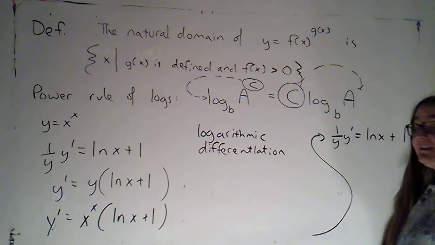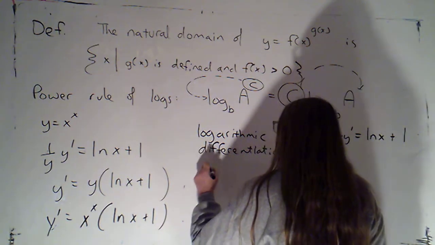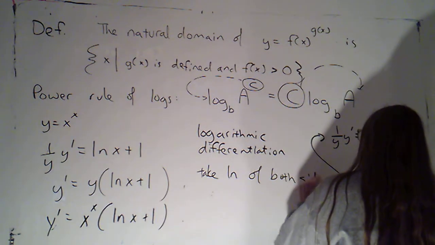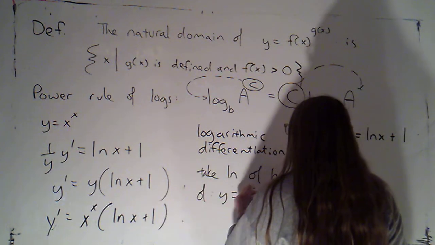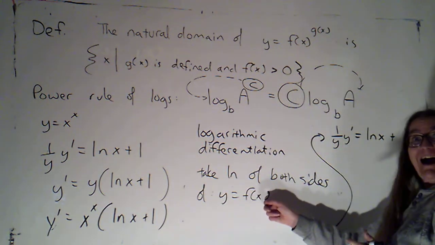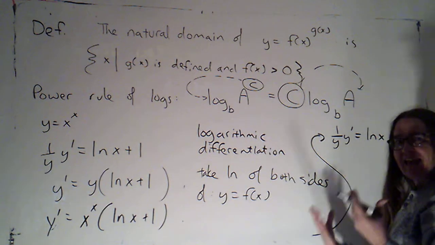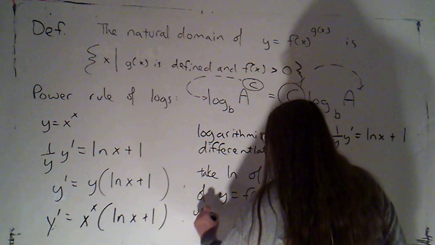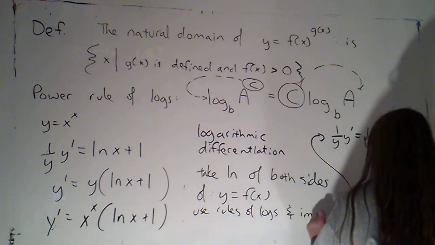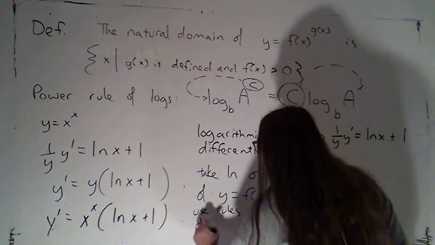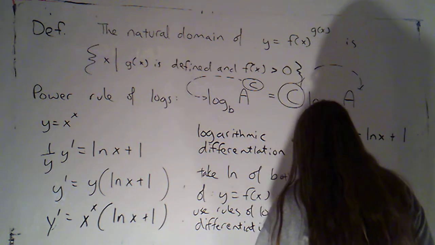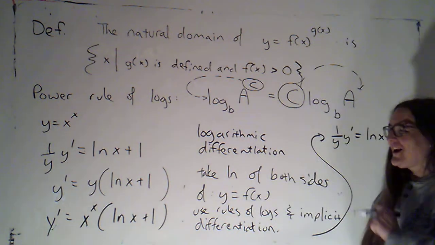When we have something like that, basically we take the natural log of both sides of the equation y equals f of x. We then use the rules of logs to simplify this side and then use implicit differentiation. So use rules of logs and implicit differentiation. Very cool. We'll try another example in a minute.